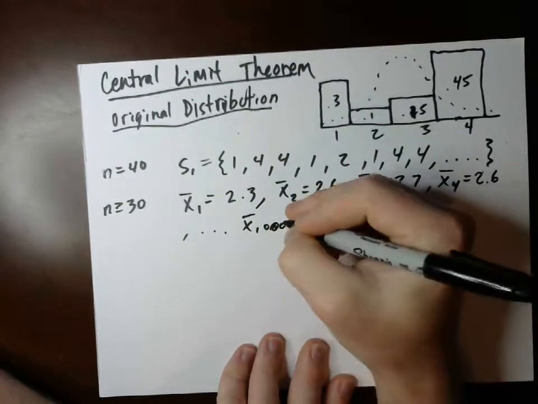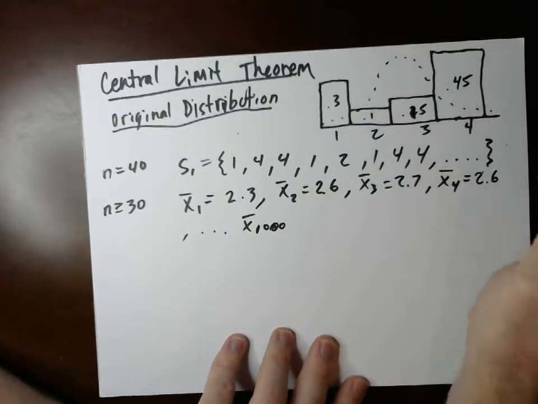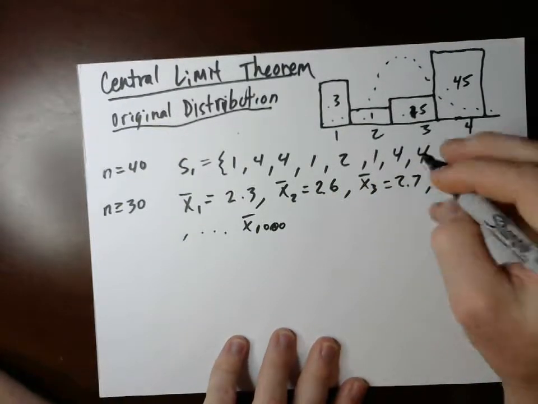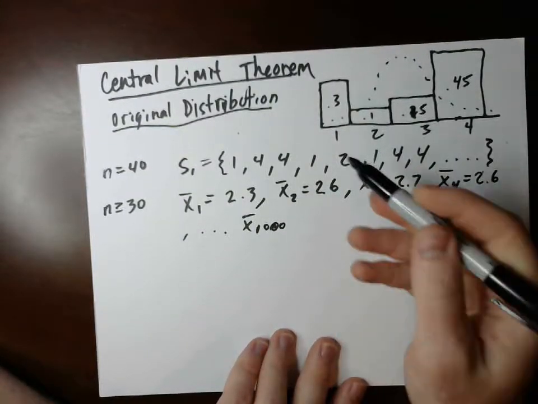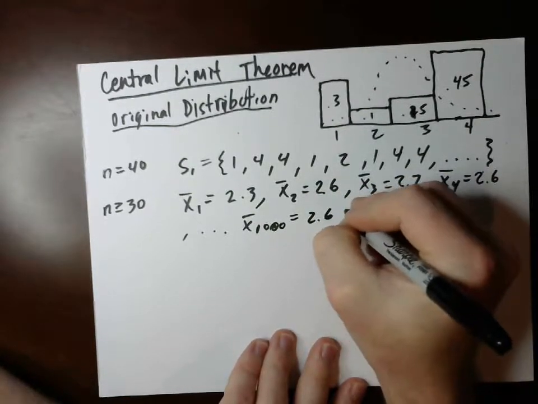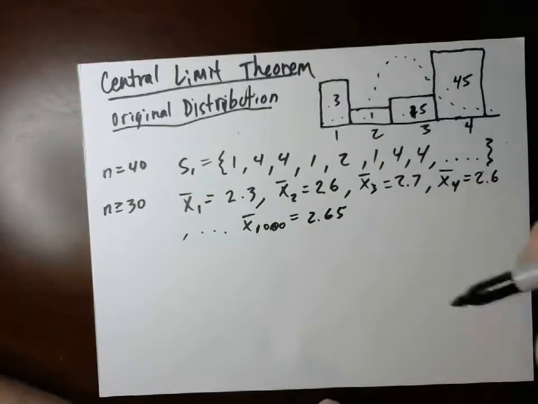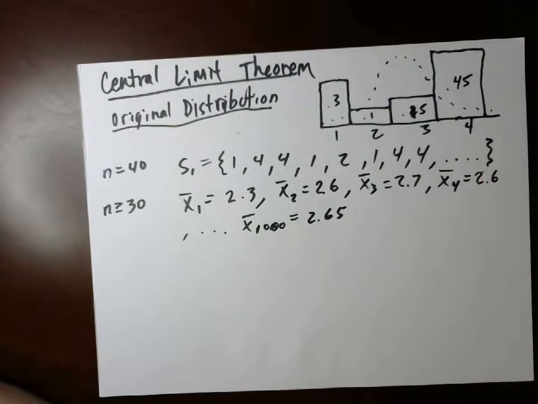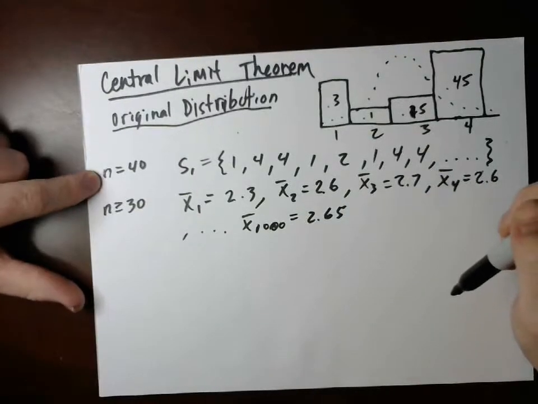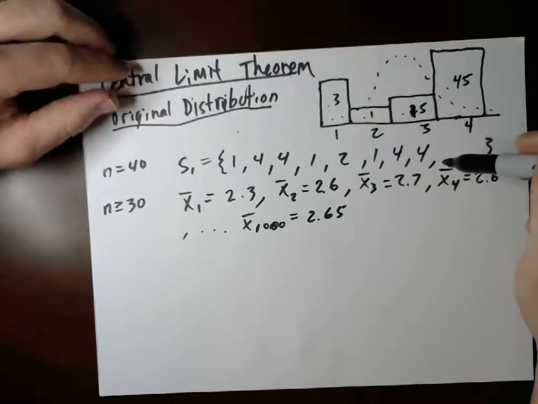Again, I'm just choosing a really large number of sample means to gather. Let's just say that's 2.65 or something like that. All right, so we've just gathered 1,000 different x bars, where each x bar was gathered from an n equals 40 to determine each x bar from this original distribution.